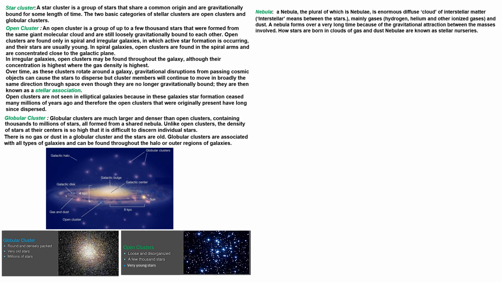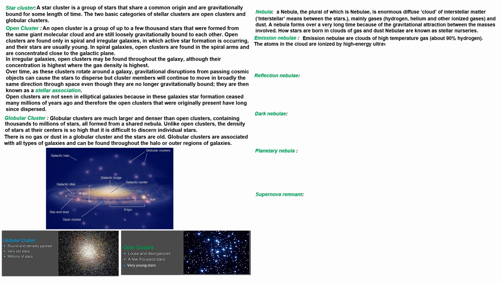We will see five main types of nebulae in the universe: emission nebulae, reflection nebulae, dark nebulae, planetary nebulae, and supernova remnant. Emission nebulae are clouds of high temperature gas. The atoms in the cloud are ionized by high energy ultraviolet photons emitted from a nearby hot star and emit radiation as they fall back into lower energy states.